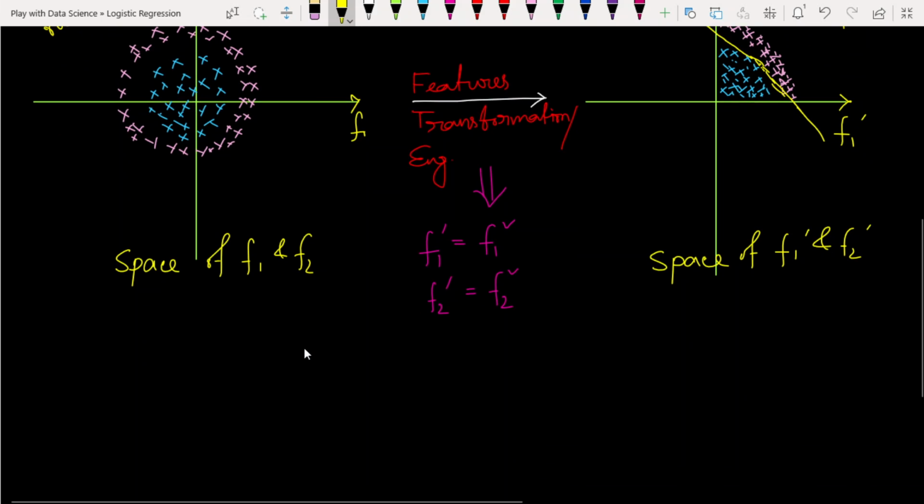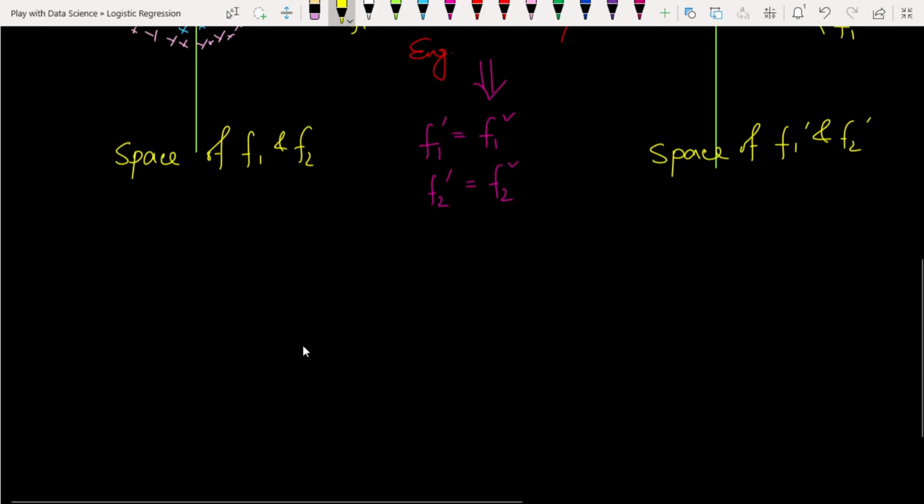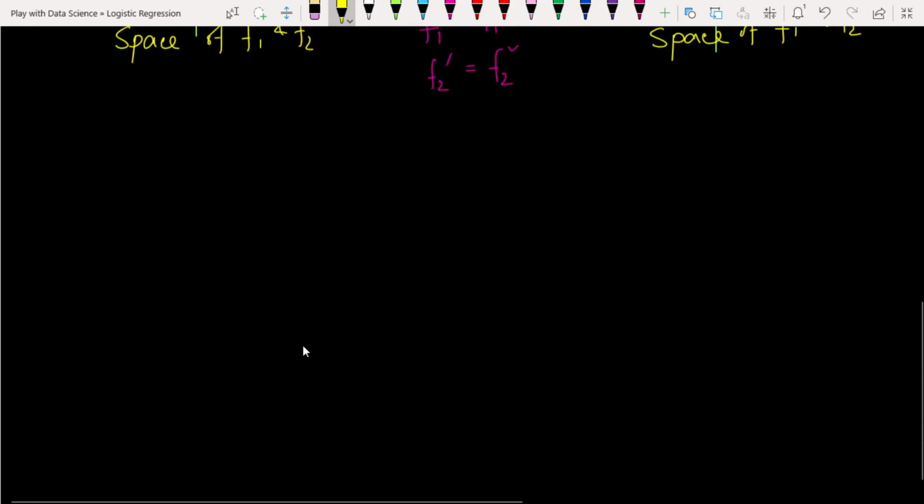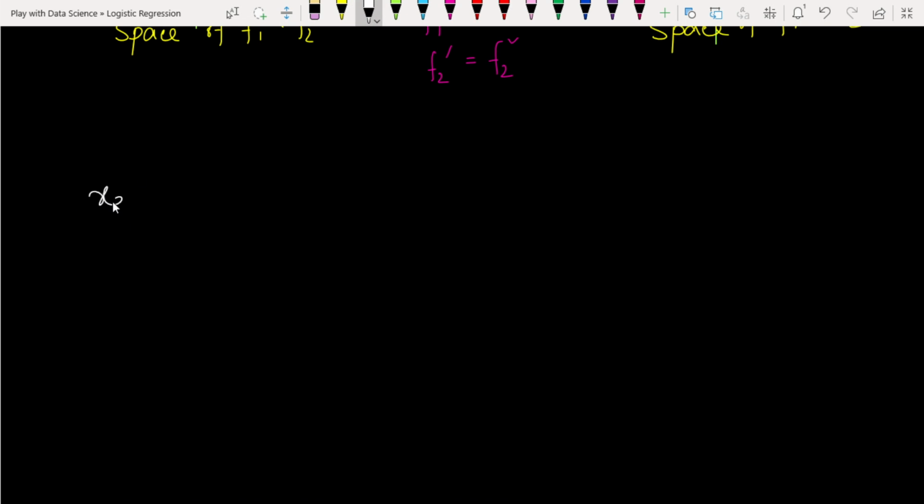Now let's take another problem and summarize this concept. Suppose we have a data point xq, with components xq1 and xq2.